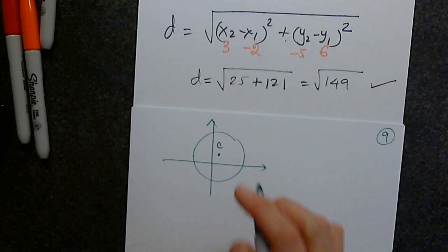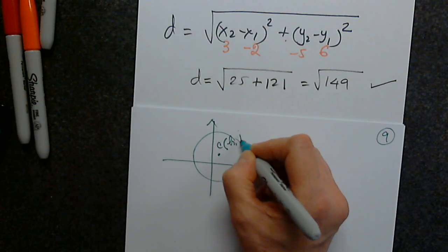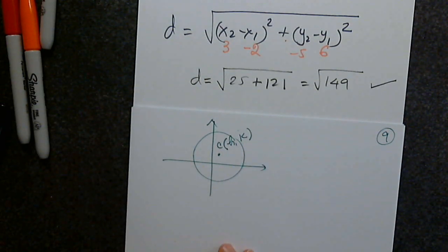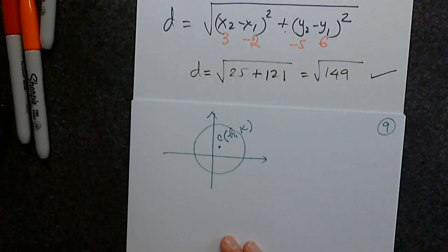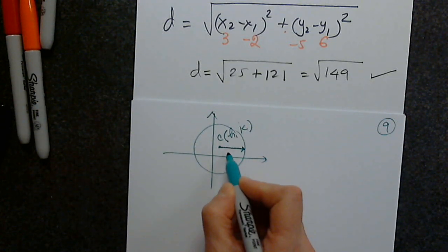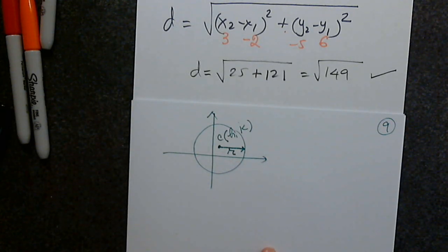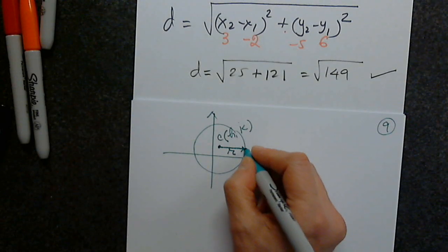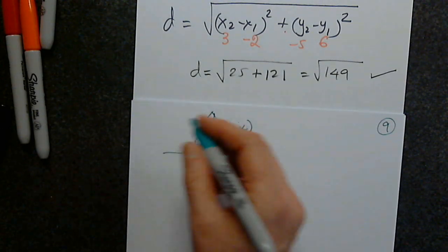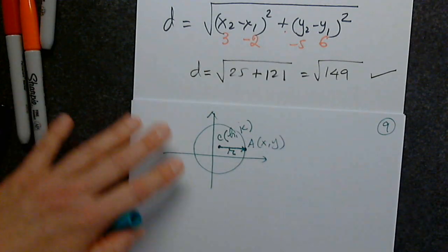Here's a circle, and the center by convention, coordinates are h, k. And what do you think this is? Very good. I'm going to name this point that I can name anywhere on the circle, A of coordinates x, y.